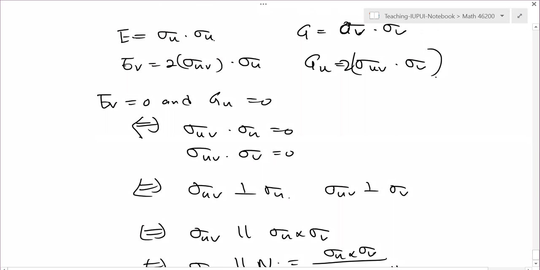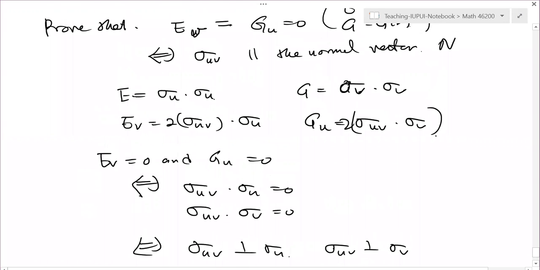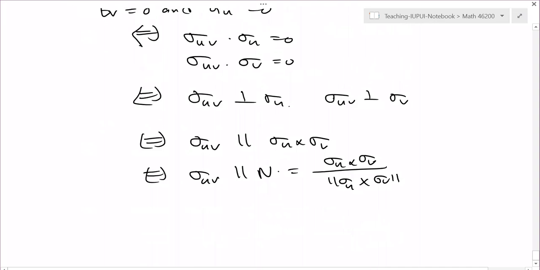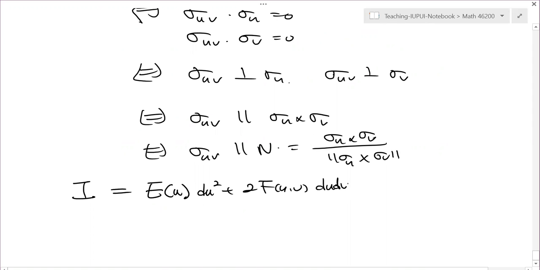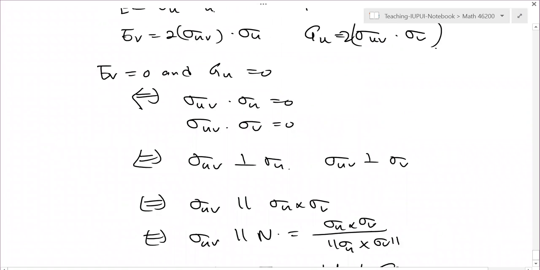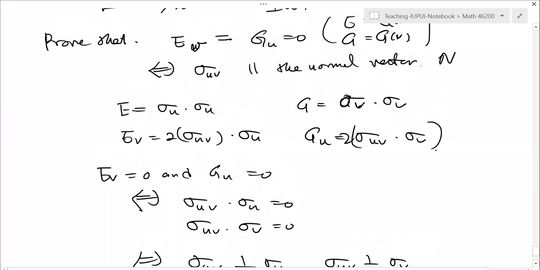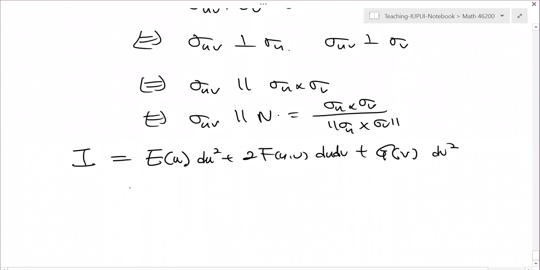So in this particular case, E is a function of U, and G is a function of V. So that means the fundamental form is E du squared plus twice F, I don't care about that, plus G dv squared, if and only if sigma_UV is parallel to the N.